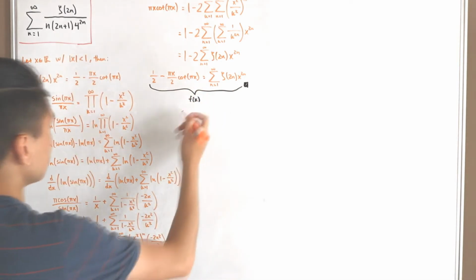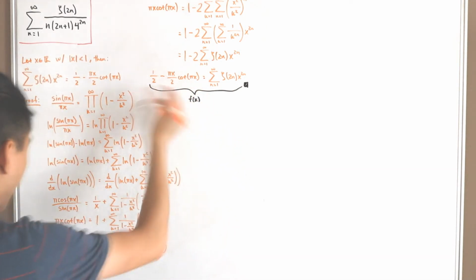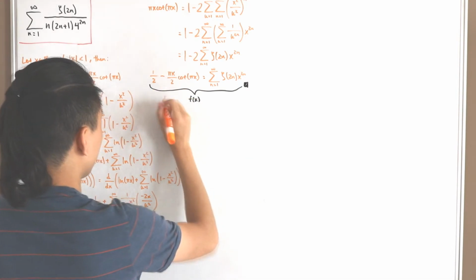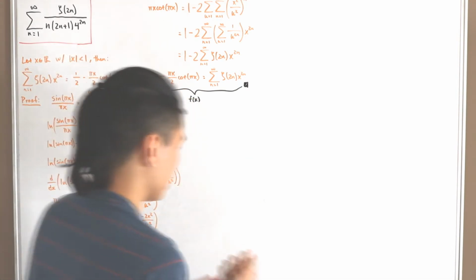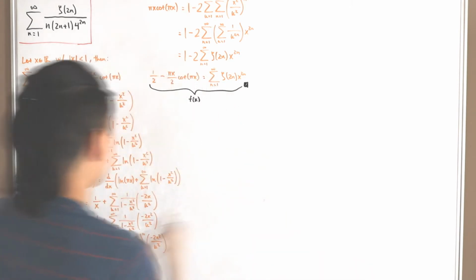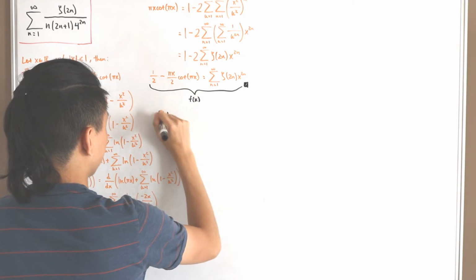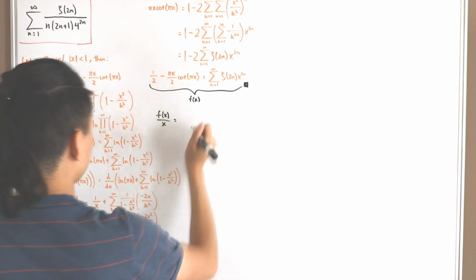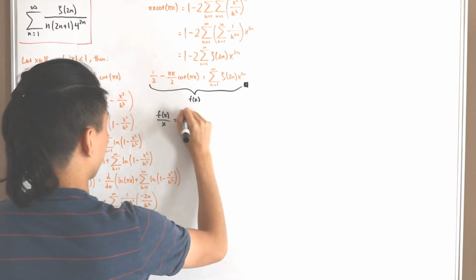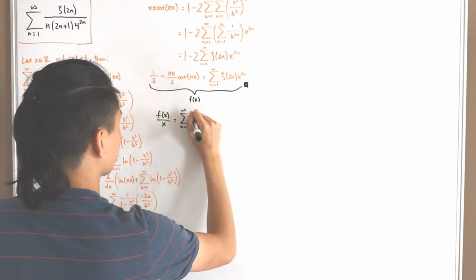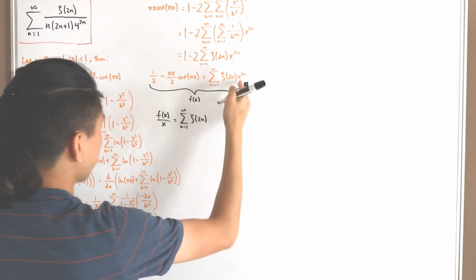Then what I'm going to do is divide x on both sides. So let's move on to the next step and write this out in black. Now we have f of x divided by x, and that is equal to the infinite sum, n equals 1, of the Riemann zeta of 2n divided by x.